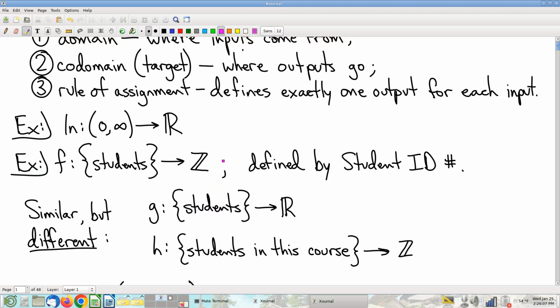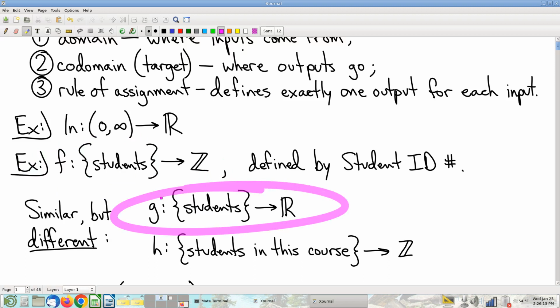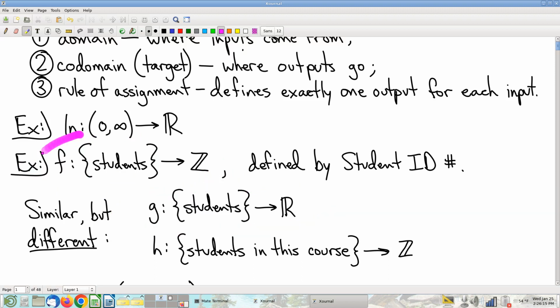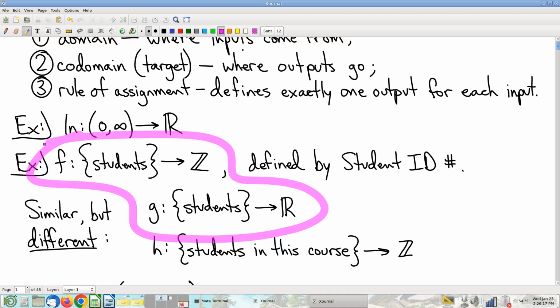Now, here's the thing. A perfectly legitimate alternative way to turn this into a function would be this, which you'll notice. Now, let's compare these two functions. I claim that these are different functions, even though we're defining still for all students, right? Nevertheless, f, as I have it defined, has a target that is Z, all integers, and g, as I have it defined, has a different target.